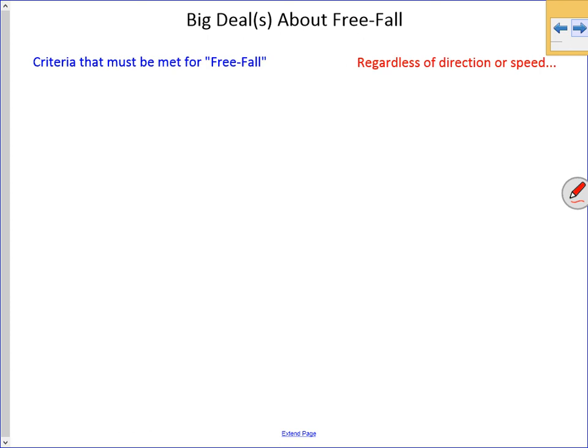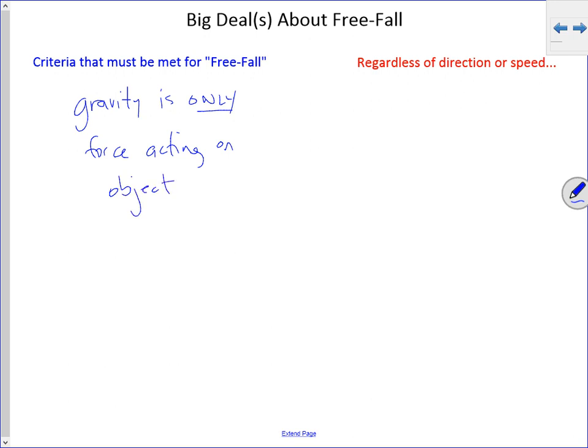One big deal for free fall. All right, what we call free fall. Really, the only criteria that has to be met is that gravity is the only force acting on an object.